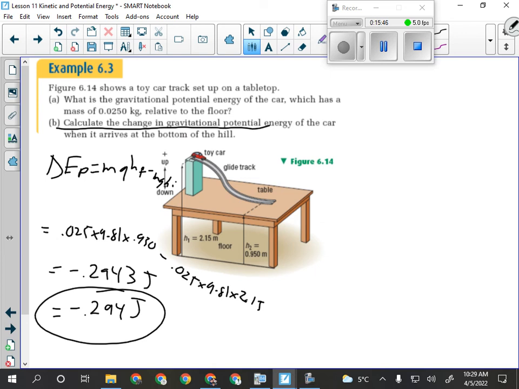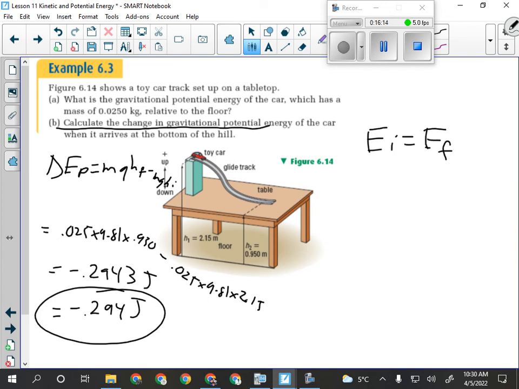No work was done here because apparently there was no friction in this situation. They never mentioned it in the question, so we have to assume this was a frictionless track. As a result, no mechanical energy change happened. Potential energy changed, kinetic energy changed, but the total mechanical energy remained the same, which is what leads us to that.